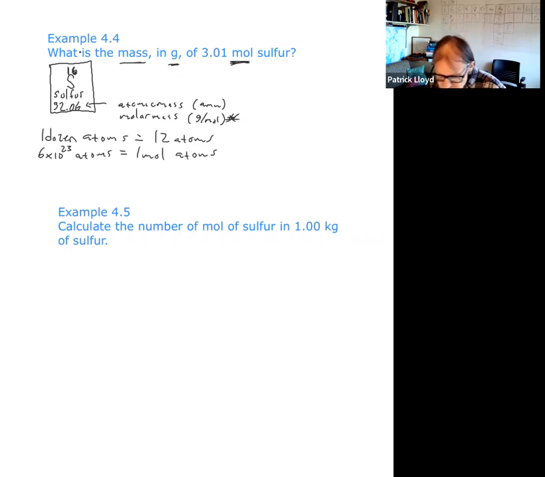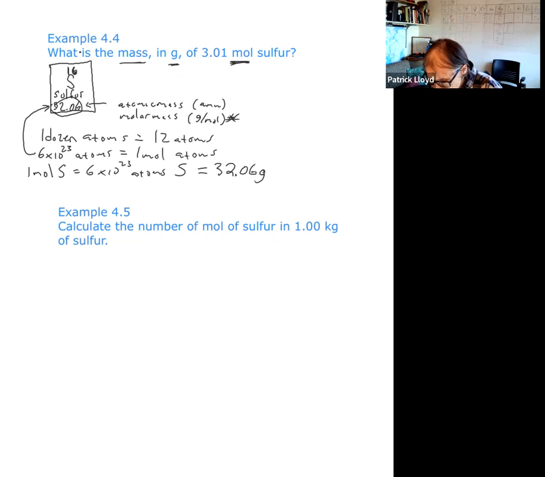But there's also a relationship here. The meaning of this piece of information, this number here, 32.06, is that 1 mole of sulfur is 6 times 10 to the 23rd atoms of sulfur. S for sulfur. I'm just going to write S for sulfur. We'll use the symbol. Saves a lot of space and time. That has a mass of 32.06 grams.